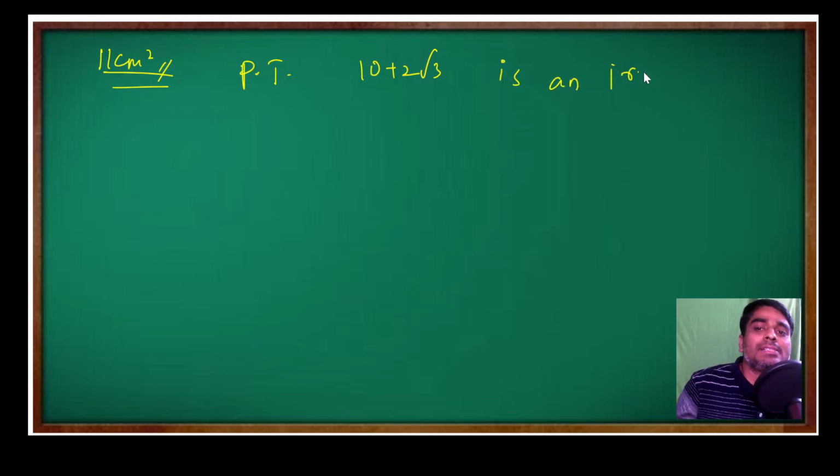Next, prove that 10 plus 2 root 3 is an irrational. This is a sure question, irrationality for sure, no doubt.